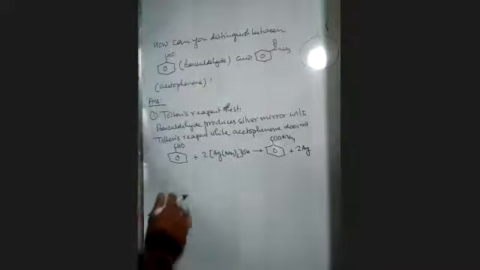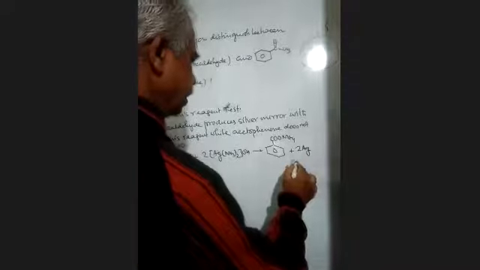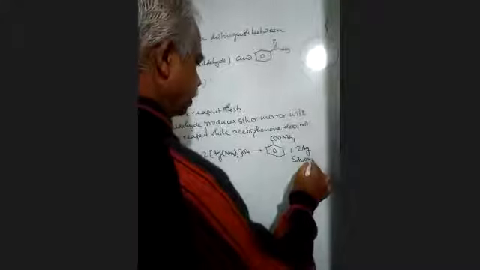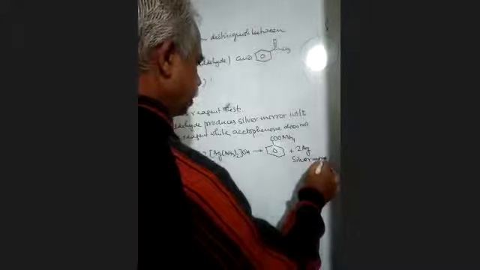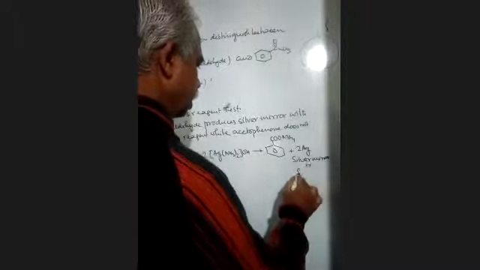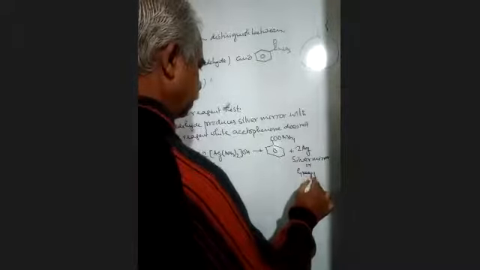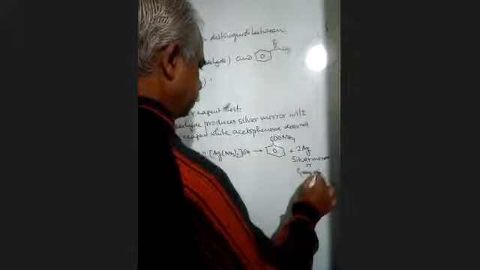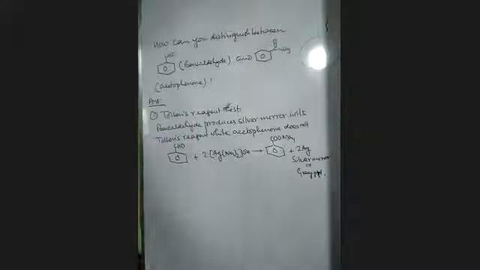Other I did not write. Below we'll write here silver mirror or gray precipitate. Acetophenone will not respond. This will not respond to Tollens' reagent test, so we will not do it. Sorry, Fehling's solution test.